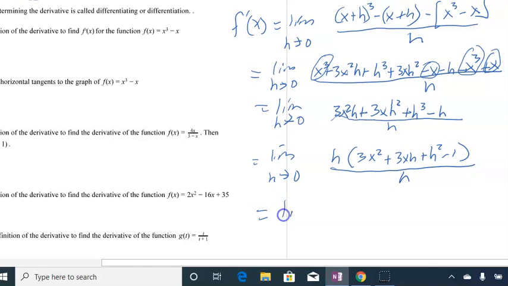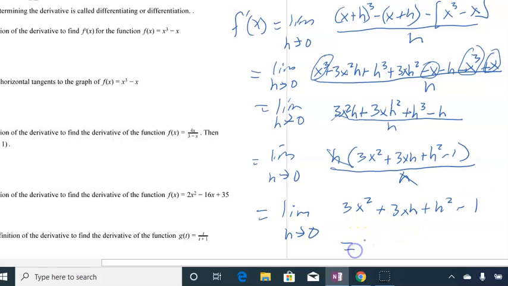So this is a limit as h approaches 0 of, let's see what happens now, 3x squared plus 3xh plus h squared minus 1.